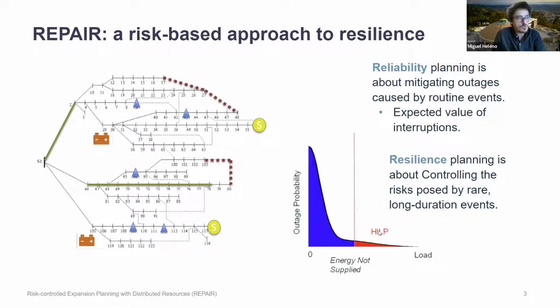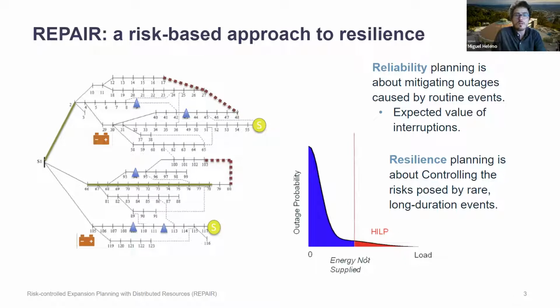So to capture this tail, we have things like the value at risk or the conditional value at risk, normally used in financial mathematics, or for example, stock options and things like that, where you hedge. When you hedge investments, what they're trying to do is to capture this risk.